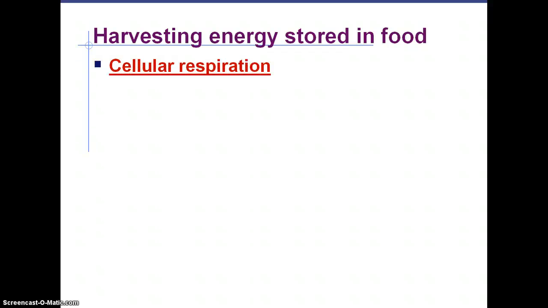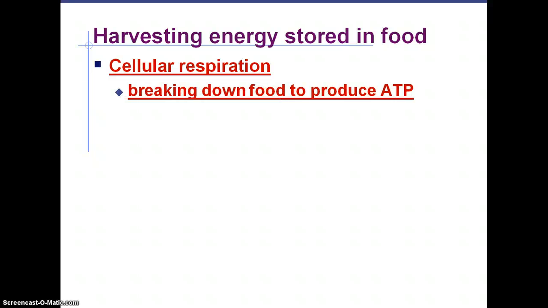So harvesting energy stored in food, the process is called cellular respiration. Essentially, that's just breaking down food to produce ATP, using the energy stored in the bonds in your food to make ATP, which is more readily used right away. This happens in mitochondria.